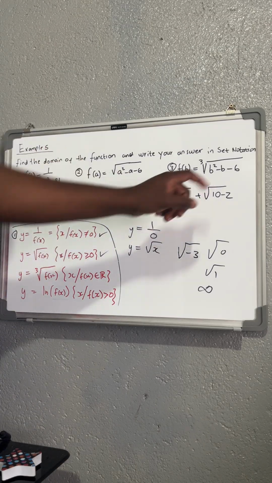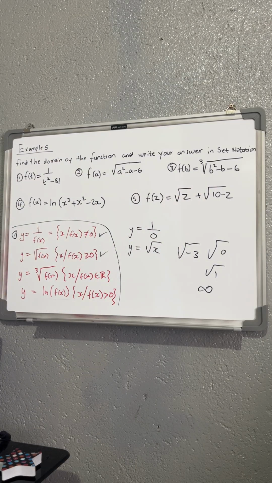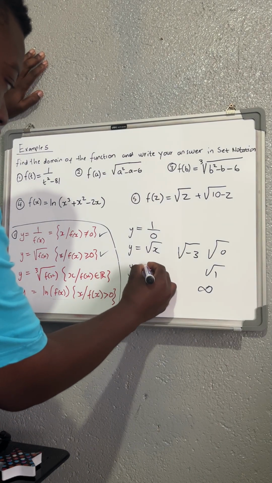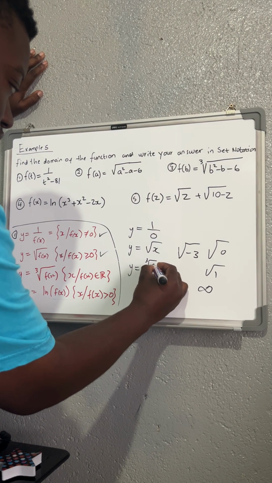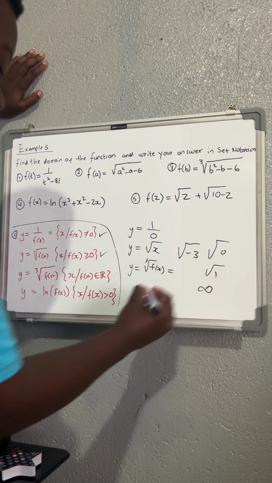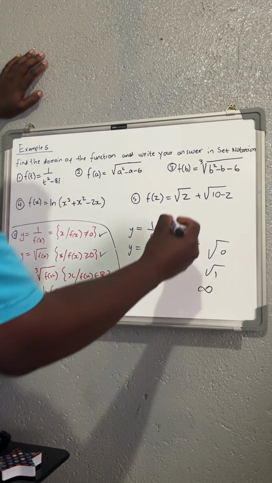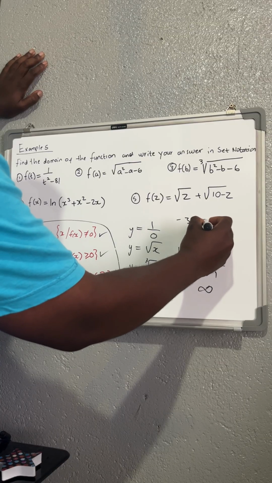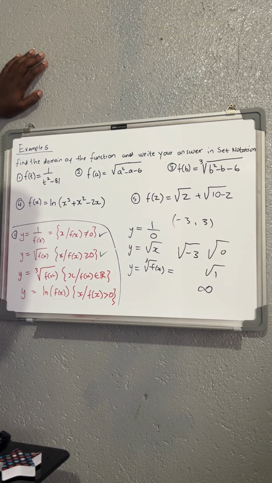Then now you get to your cube root. With your cube root, you also have to do your testing with your values. If I have the cube root of x, f of x, then I can test with a wide range of values. Like you can test from minus 3 to 3 and see what happens.